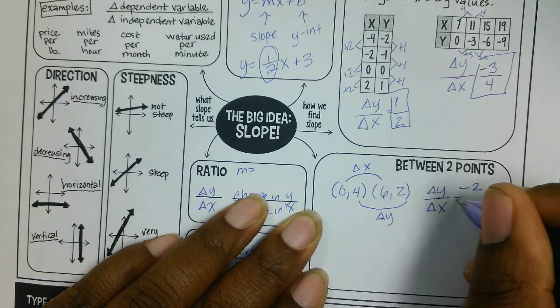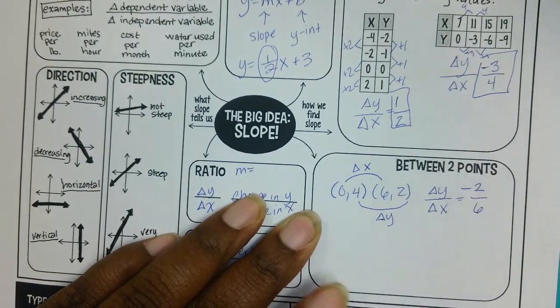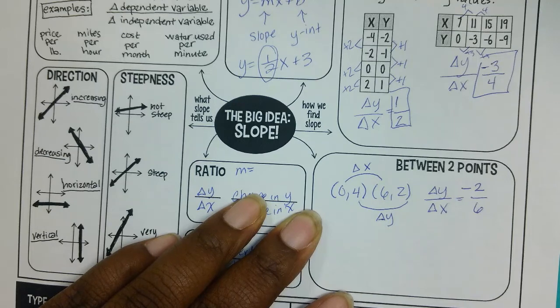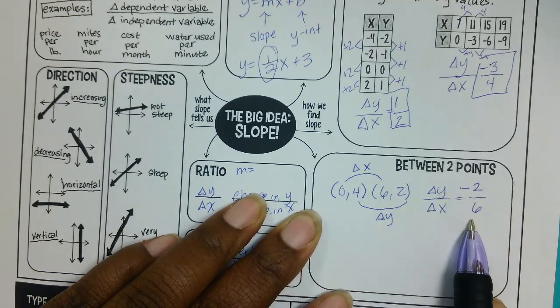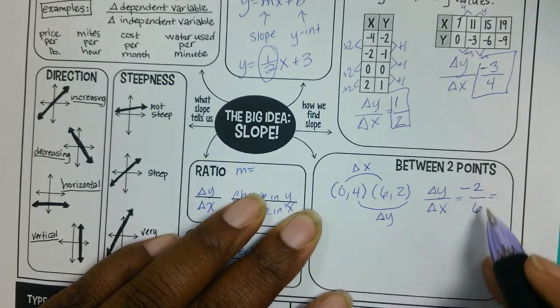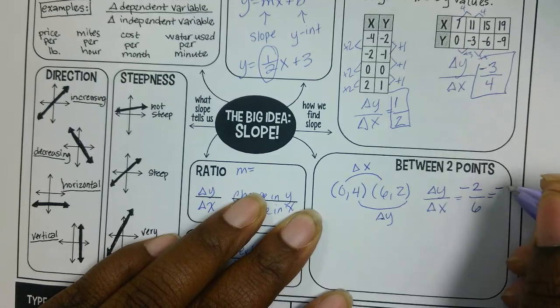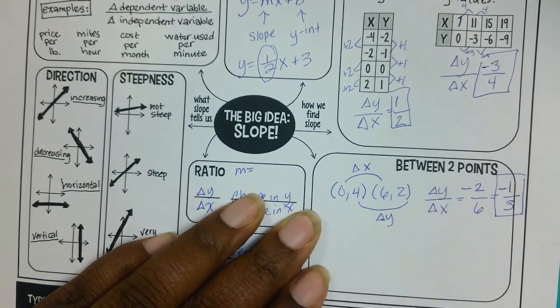How do I get from 0 to 6? I add 6. So my slope is -2 over 6. But I can reduce that. These are both divisible by 2, so that's -1 over 3. That's my slope. That's one way of doing it.